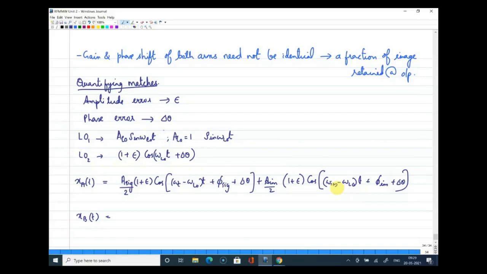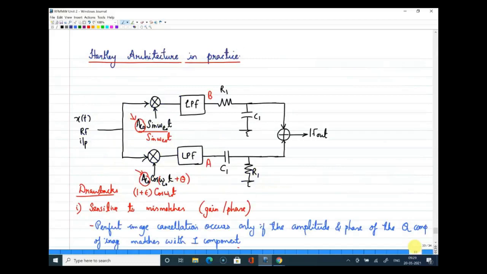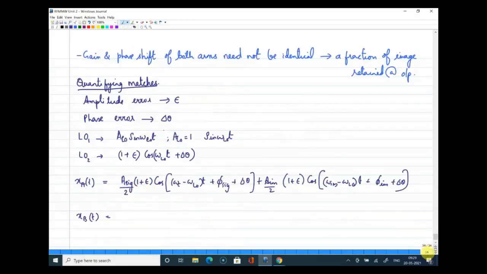Yeah, but what we are writing here is, xa of t at this point is your RF input multiplied with the cos omega LO T, right? Yes, sir. So in that case, will phase change always get added, irrespective? Oh, okay, I have shown all the phase changes as addition, right?